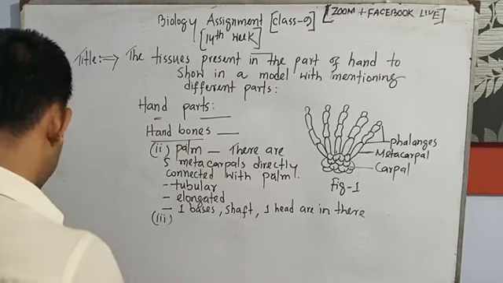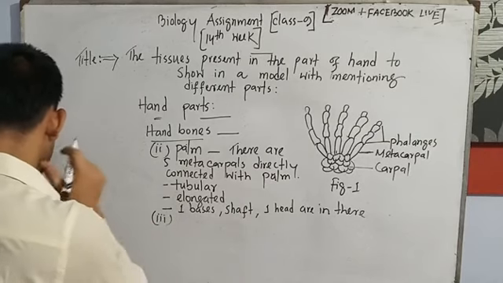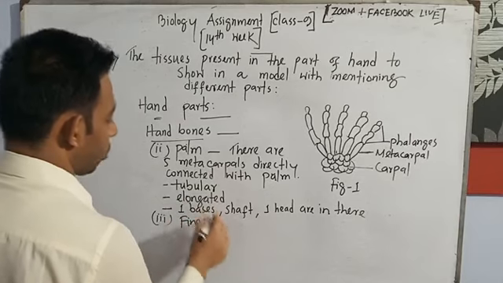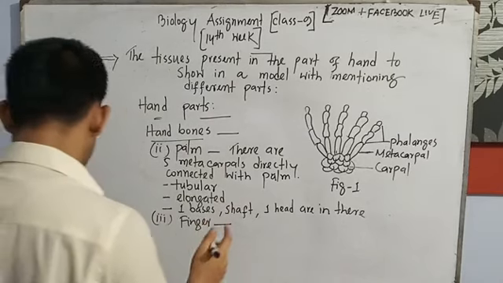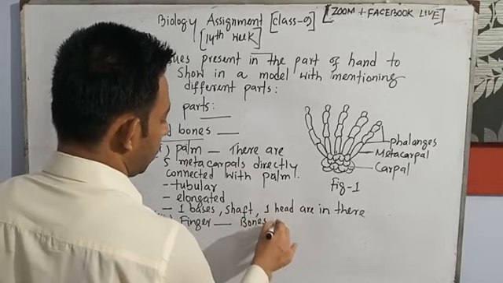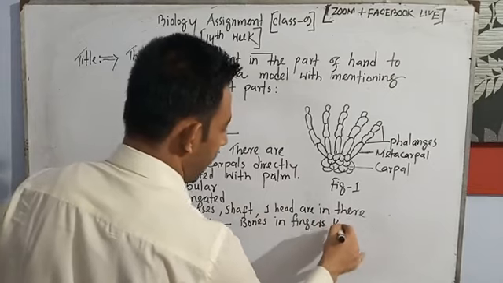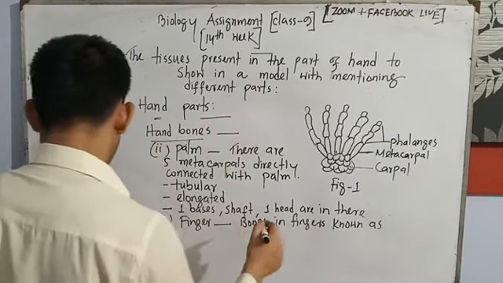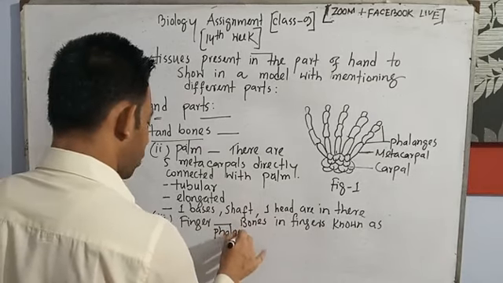And the third one to be written accordingly. Look here, fingers. We know about the fingers. What do we actually say fingers? Everyone says just the fingers, but I will make you understand. Just write and follow me here. The bones in fingers are known as phalanges.